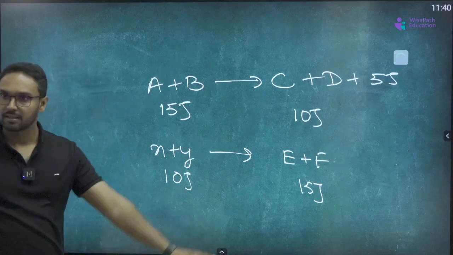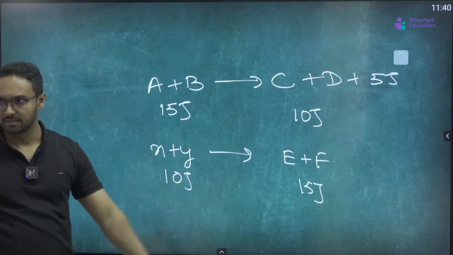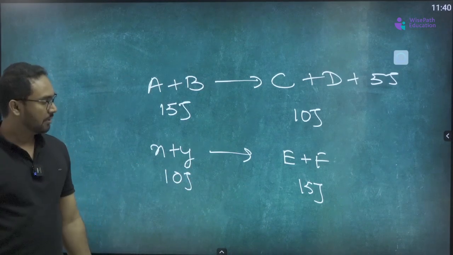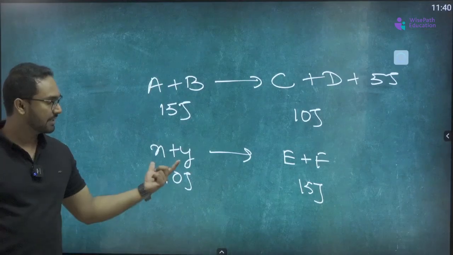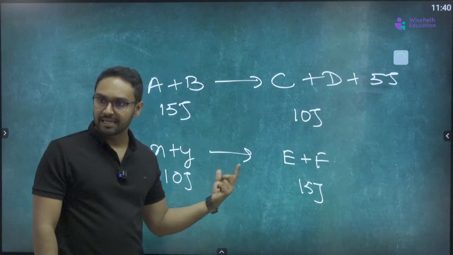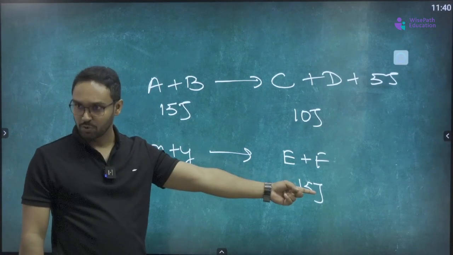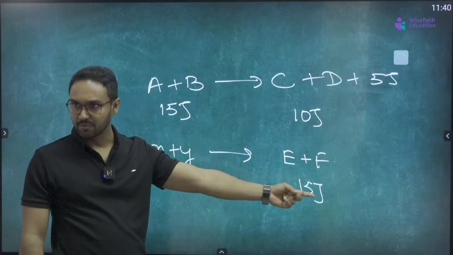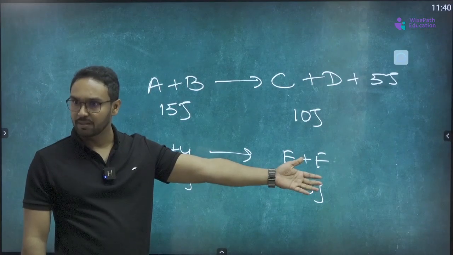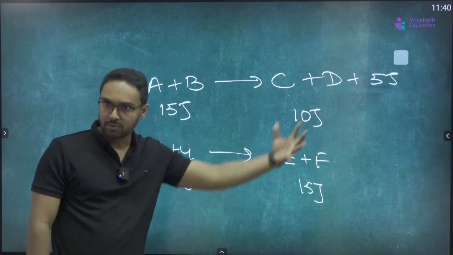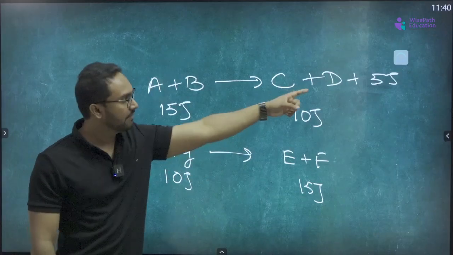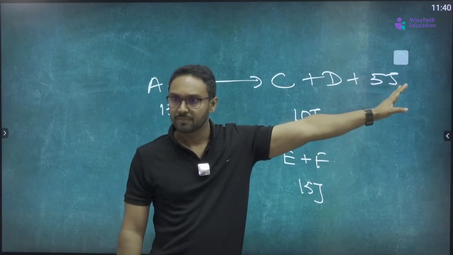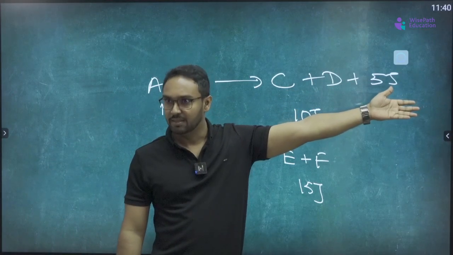So what has happened when the reactants react? The energy has been absorbed. Where is the energy absorbed from? It's from the environment. They took the energy from the environment.